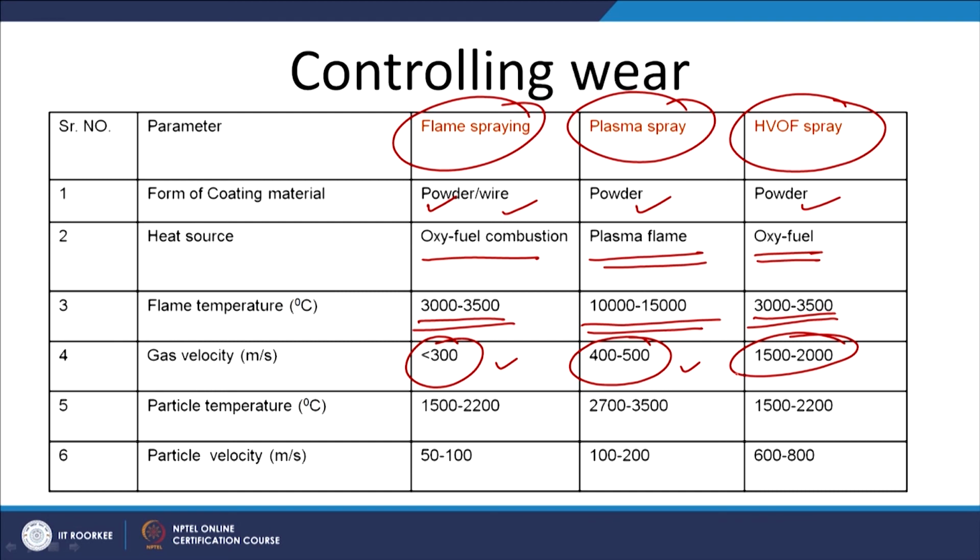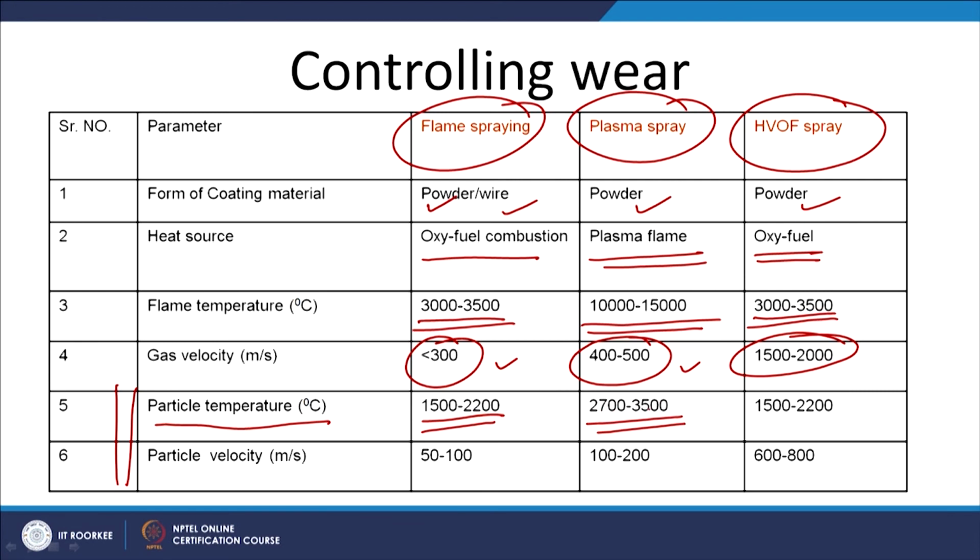Now we come to the two important and very crucial characteristics associated with these processes: particle temperature governing the thermal damage of the feedstock material. In case of the flame spray, the temperature is limited, like 1500 to 2200 degree centigrade, while in case of the plasma spray, the particle temperature is around 2700 to 3500 degree centigrade.